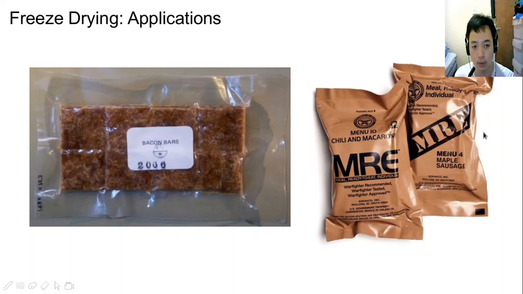So yeah, it's used in military. Now MREs, if you're not familiar with them, it means meals ready to eat. So it contains freeze dried foods. The soldiers will put hot water and it's ready to eat.